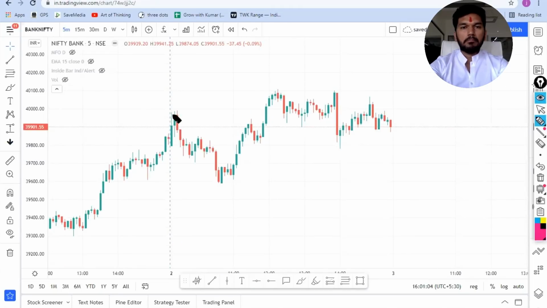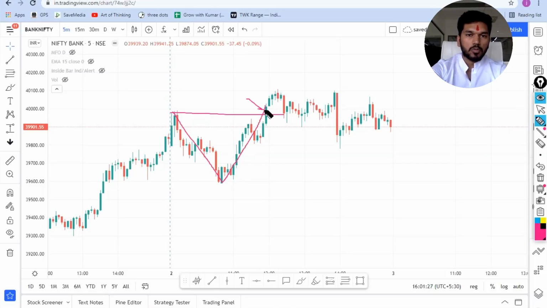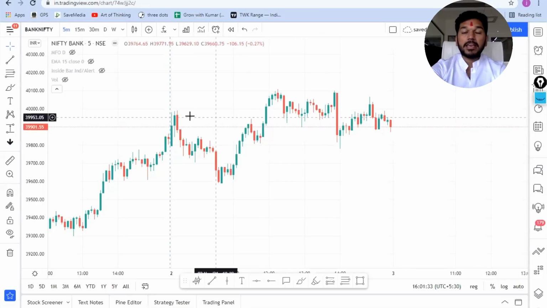Today, Bank Nifty fell very sharply from this point. That means this particular high was a very strong supply zone. As soon as it gave a breakout from this particular area, one would have thought of going long. However, whenever there is a breakout which is parabolic, that is, there is a clear one-way up move from this particular level, you should avoid a breakout like this.